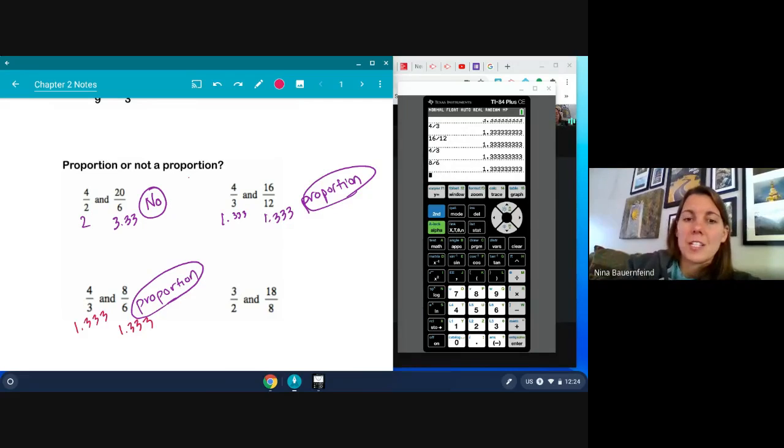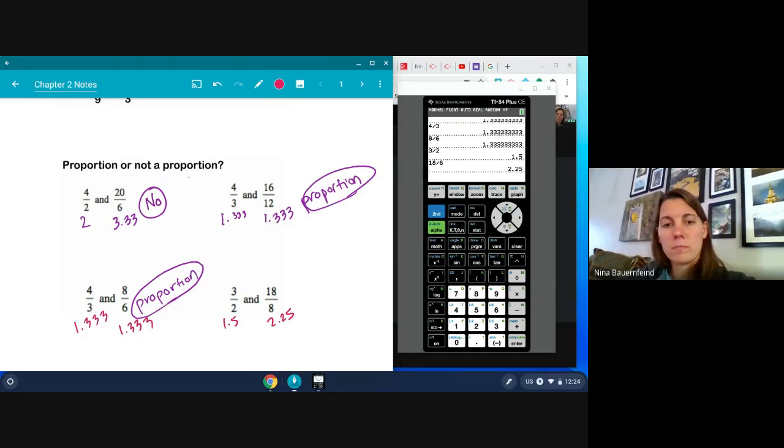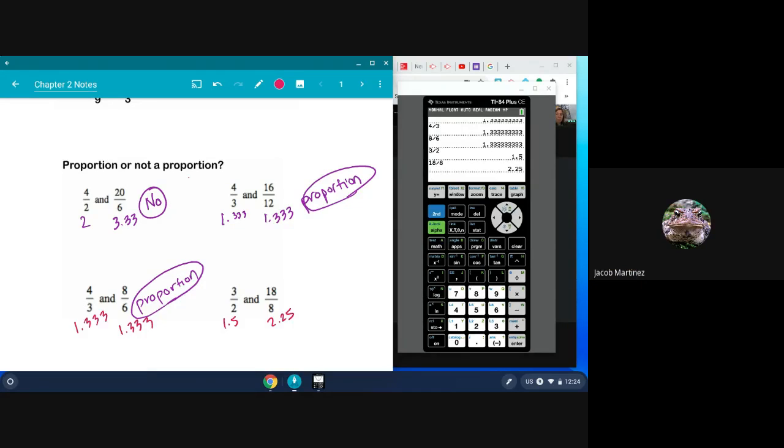Okay, so then for this last one, 3 divided by 2 is 1.5. 18 divided by 8 is 2.25. Proportion or no? Not proportion. Good.